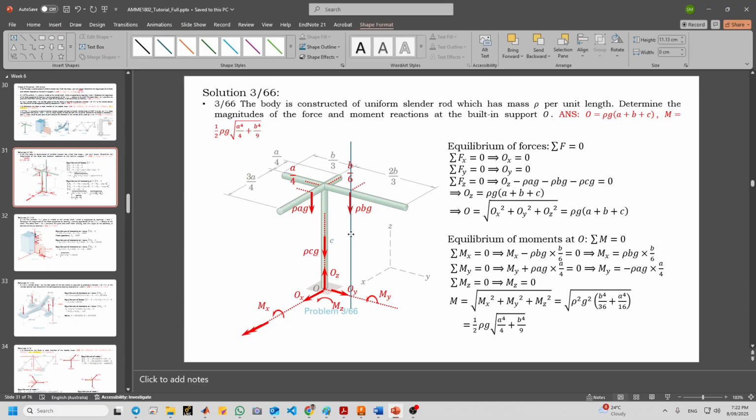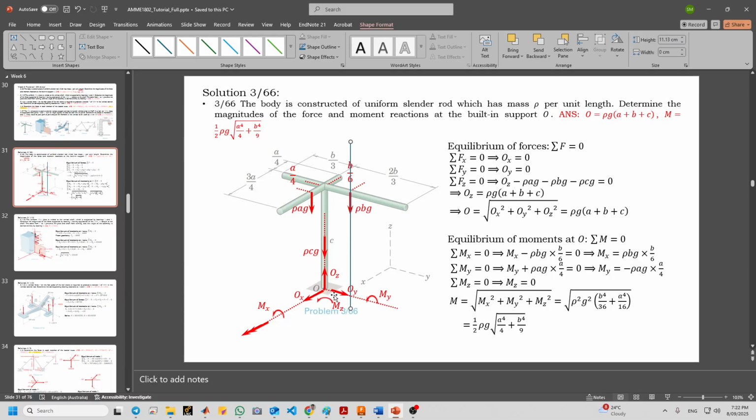We can just draw the line of actions, and moment about point O means the distance times F, which is rho bg times this length, which is b over 6.